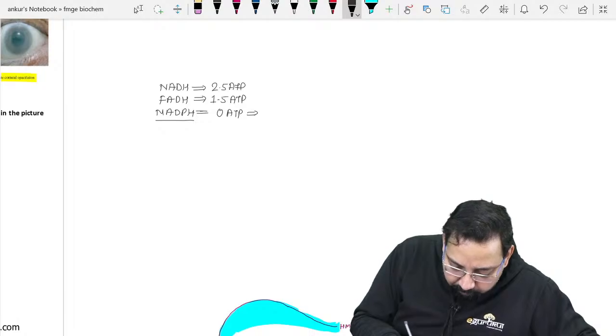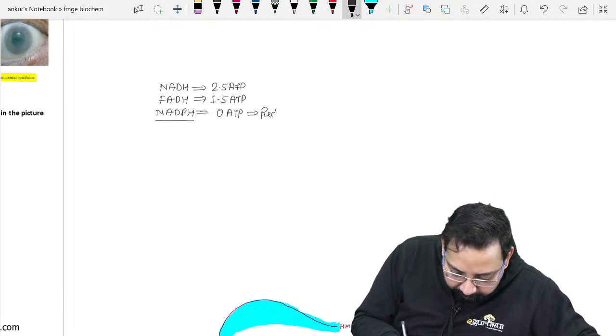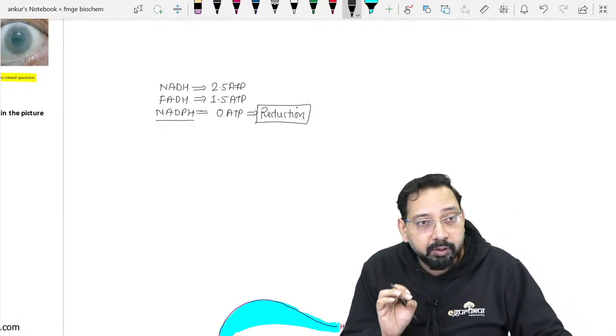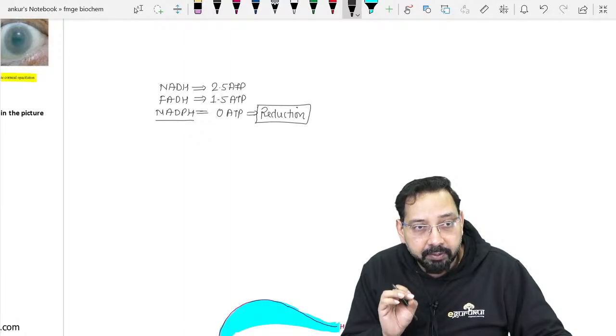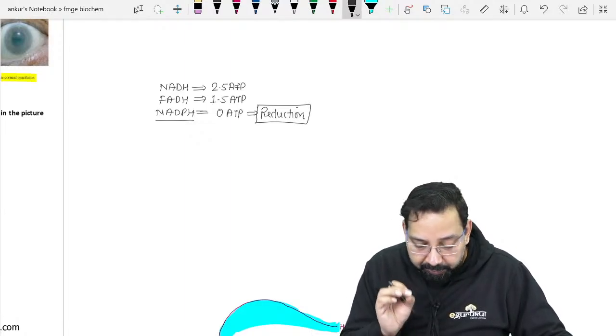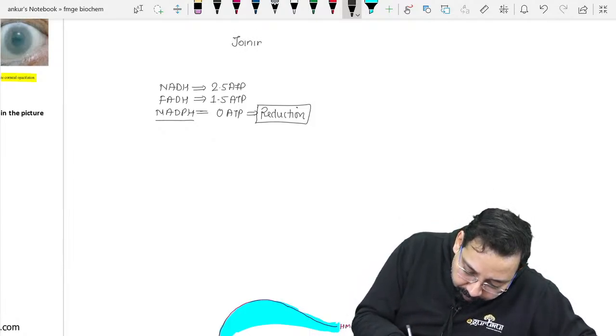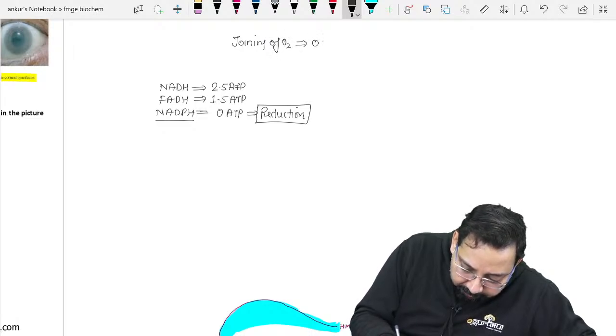The function of NADPH is reduction. Whenever you want reduction, you will use NADPH. You all know joining of oxygen is oxidation.